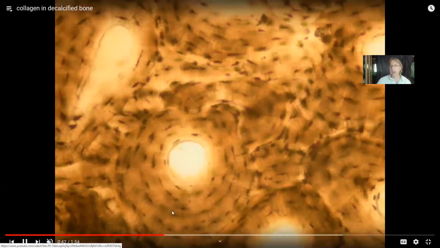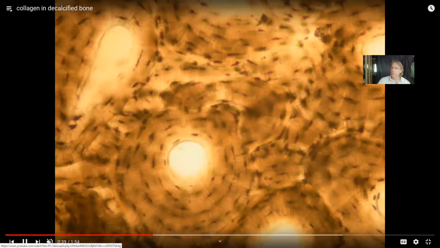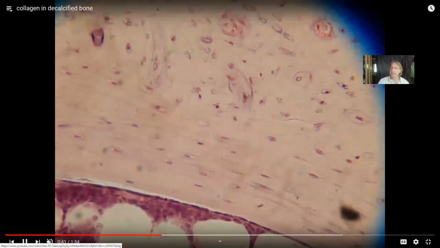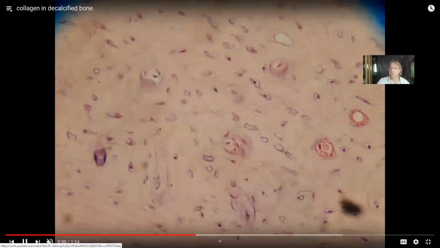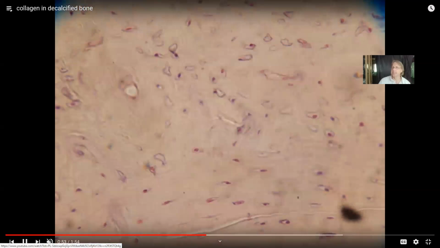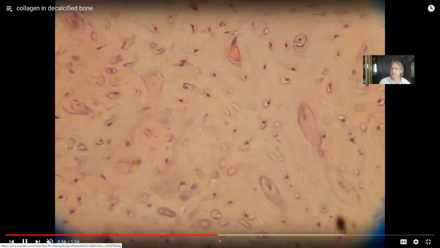But cartilage has collagen in it, can be up to 40% collagen, and here bone. If you were to take all of the calcium salts away, you would be left with this. This is decalcified bone. And you can see that, in addition to the cells, there is stuff here. This stuff is the protein collagen.